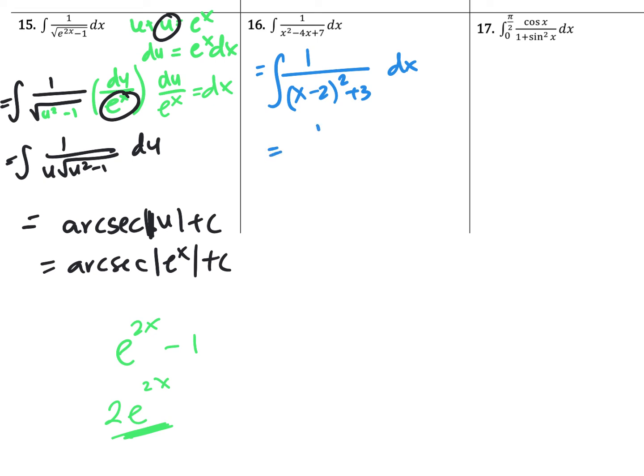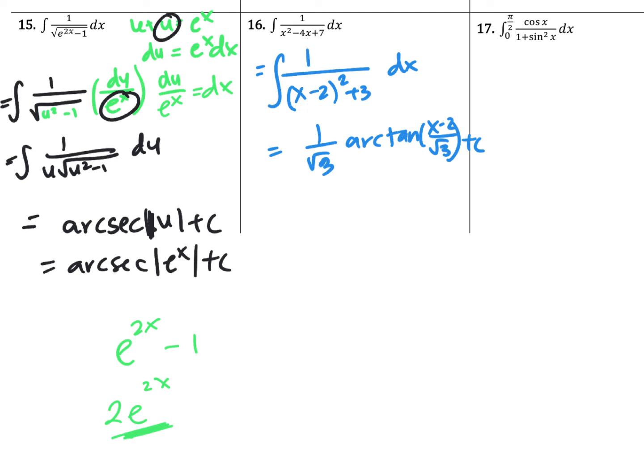So this is going to be 1 over the square root of 3 times arctangent of x minus 2 over root 3 plus c. Now we're going to talk about in the next video on partial fraction decomposition different strategies for when you see a polynomial or a rational expression, how to approach that. That's going to come up in more detail in 4.8.